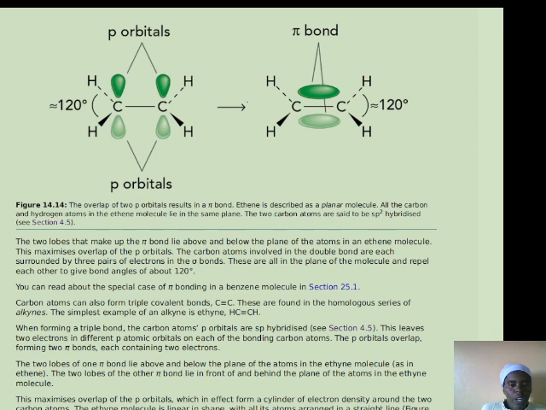So there are also other molecules that have 3 bonds, for example, alkynes. These ones have 3 carbon-carbon bonds.